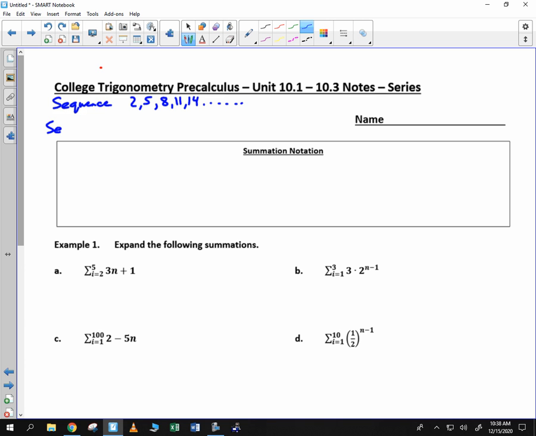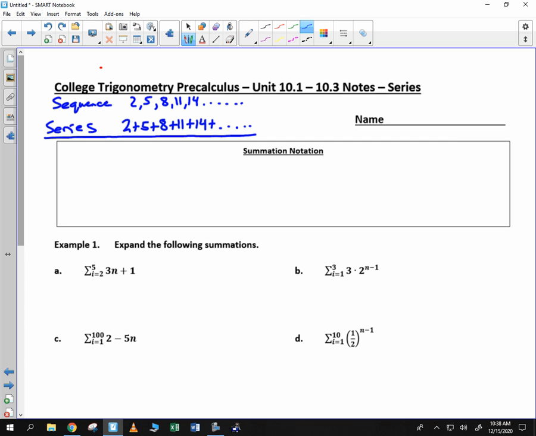A series is the same thing, but when you add the terms together. So series, sequence.